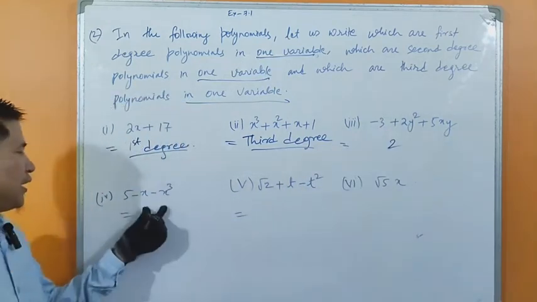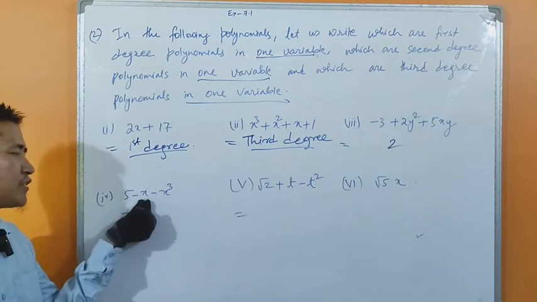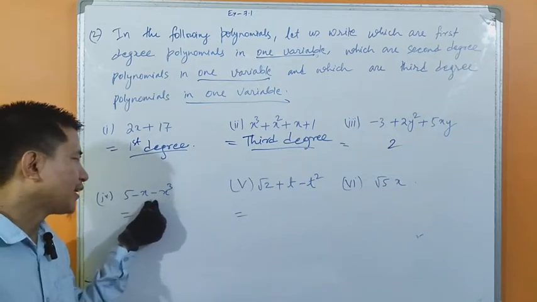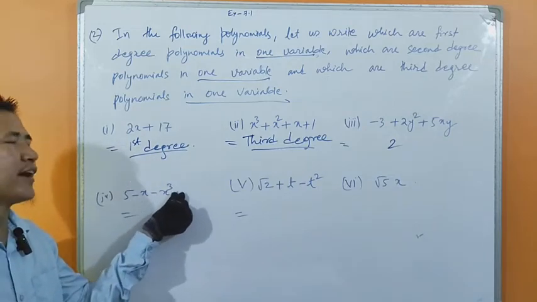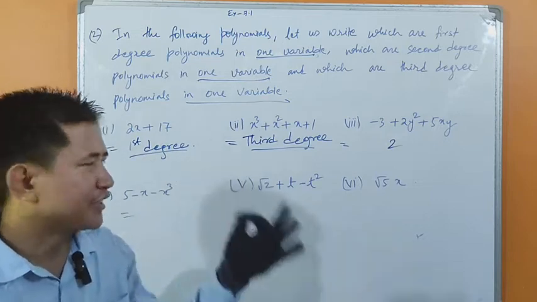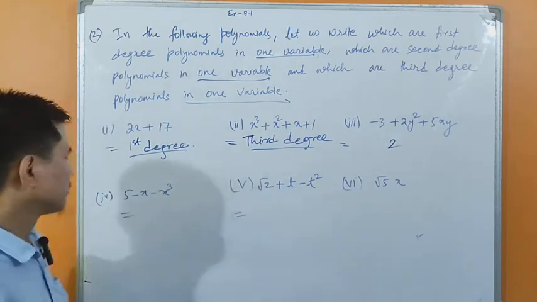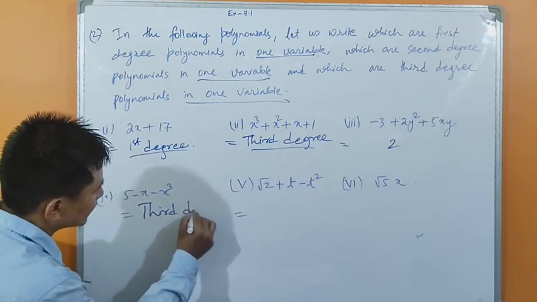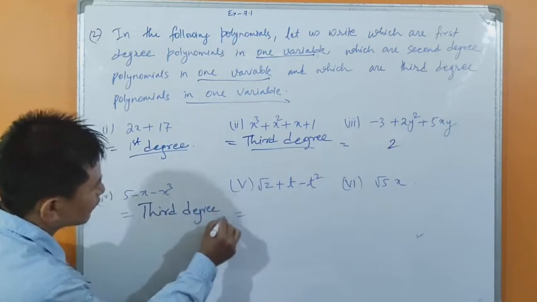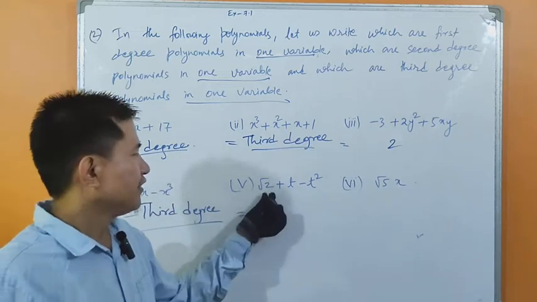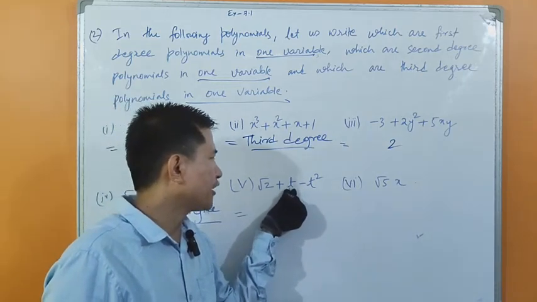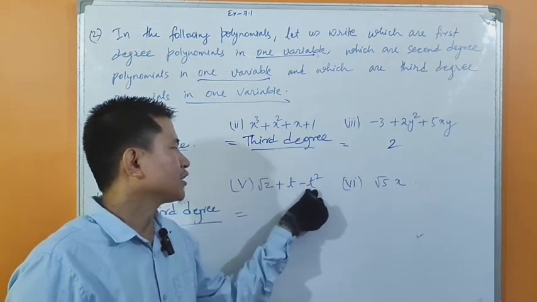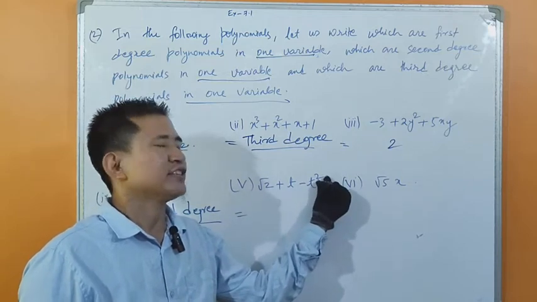Here, this expression also has only one variable, that is x, and the highest power of x is 3. That means the degree of this polynomial is 3, so this is a third degree polynomial. Got my point? Here, we have only one variable t, and the highest power of t is 2.